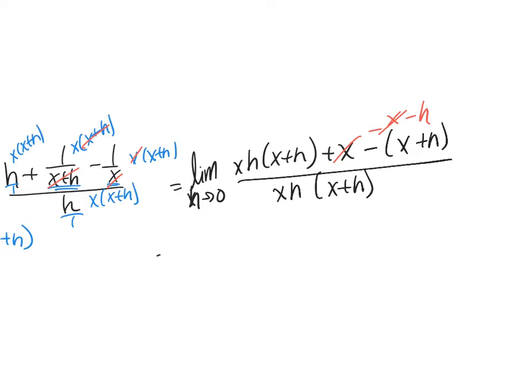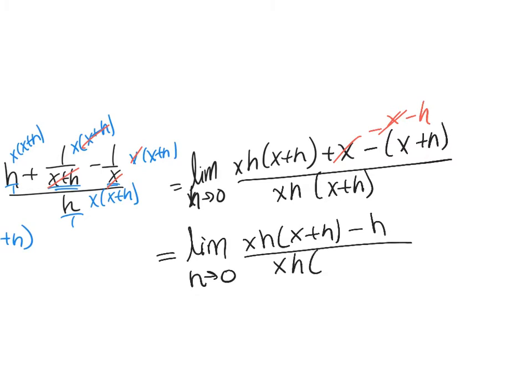So what I have is the limit as h approaches 0 of x times h, x plus h, minus h, all over x times h, x plus h. Now could I have multiplied the xh through that first grouping? Yeah, I don't want to.